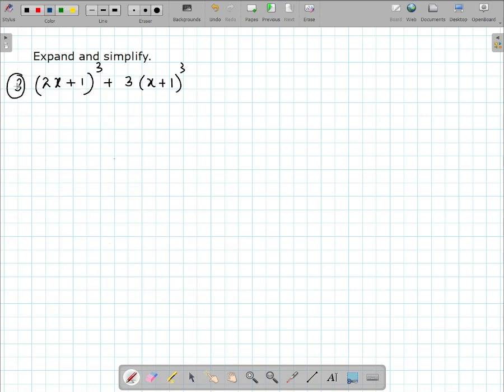Okay, example number 3, that is (2x plus 1) to the power 3 plus 3 times (x plus 1) to the power 3. So I have to expand these brackets separately, and finally I have to add.